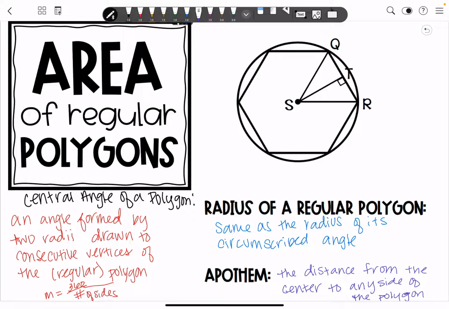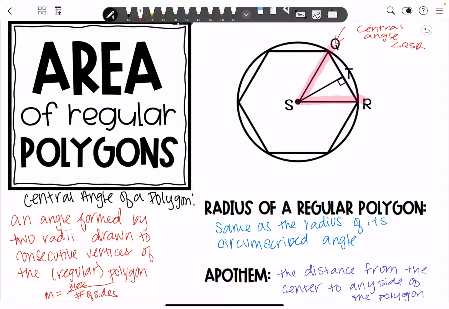All right, now, the central angle of a polygon, right here, that's going to be this angle right here, angle QSR. That is your central angle. If you want to label it so you have it as well.